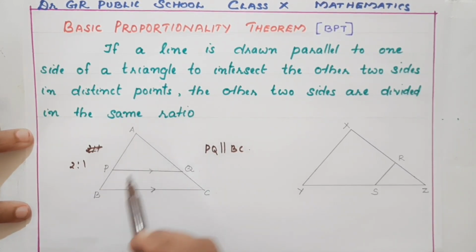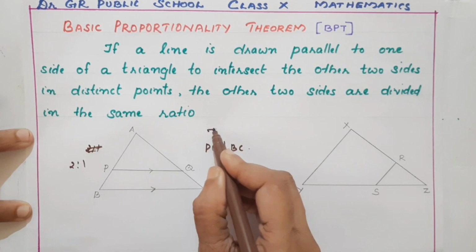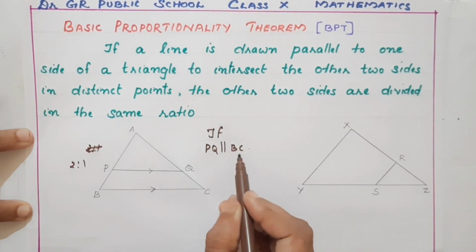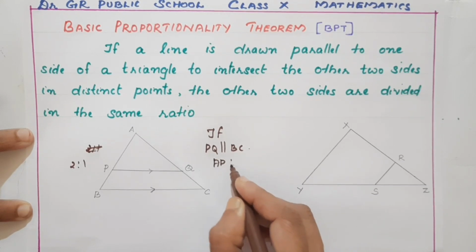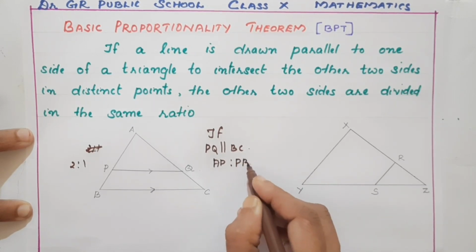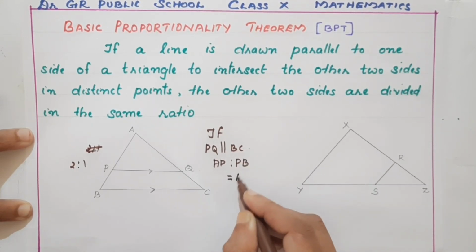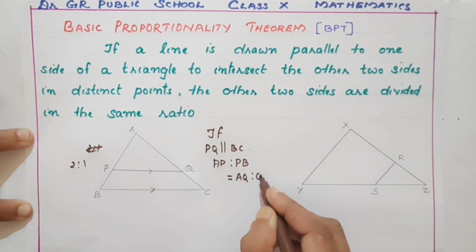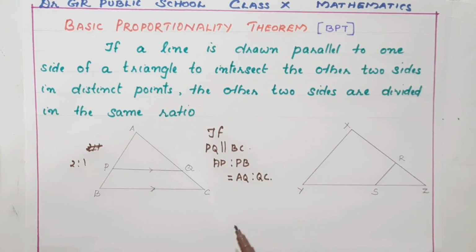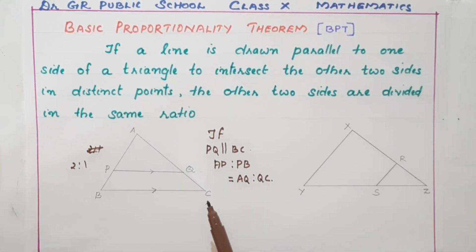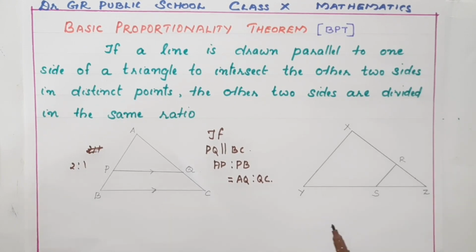So it means if PQ is parallel to BC, AP is to PB will be equal to AQ is to QC. That is the theorem. This theorem we are applying to divide a line segment in the given ratio.